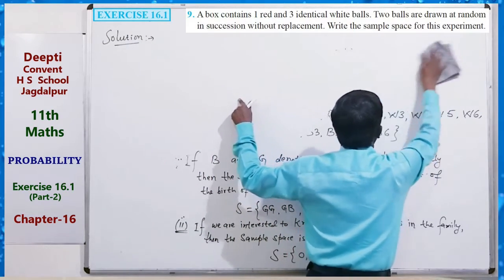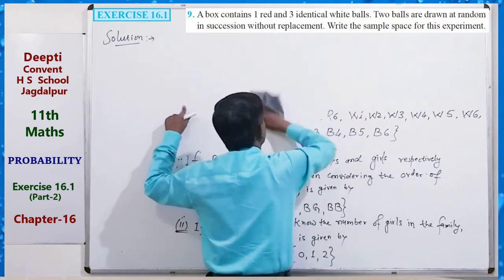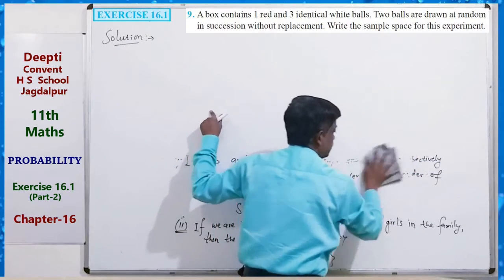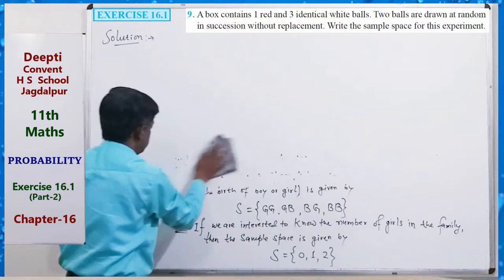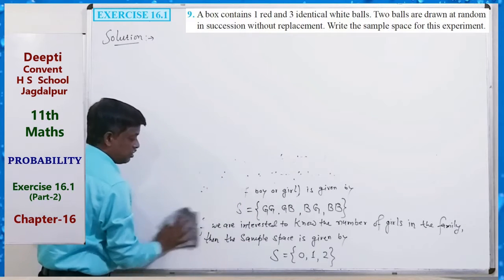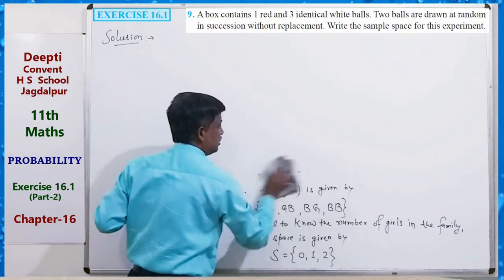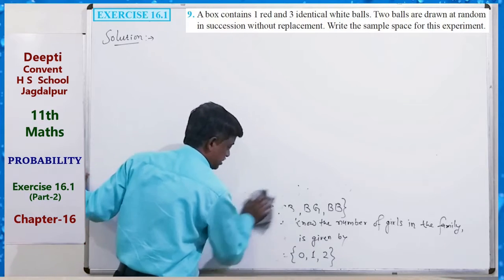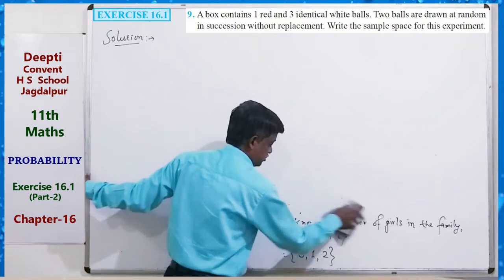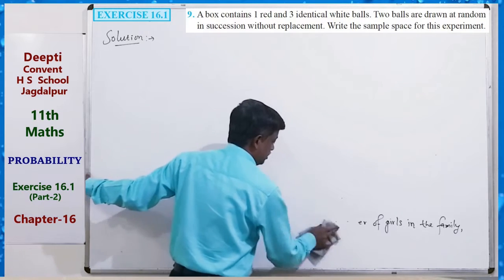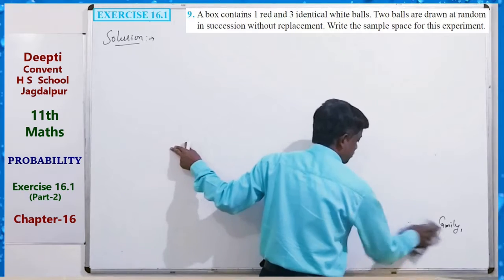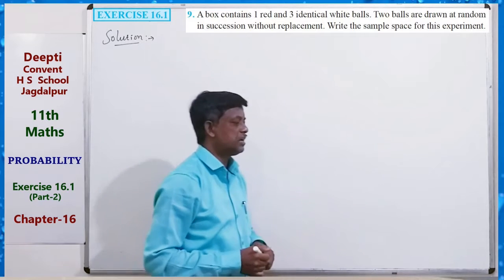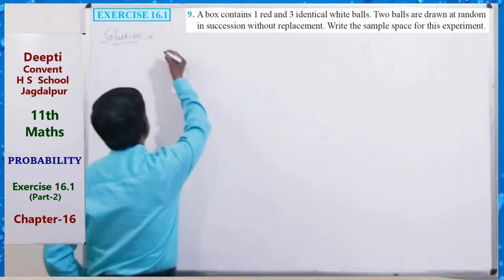Total balls, how many balls are there? 4, because 1 red and 3 white balls. So here how can we denote them? The red ball is denoted by R and the white ball is denoted by W. Not 1, 2, 3, because they are identical balls. So we just denote the red and white balls by R and W. Then 2 balls are drawn at random in succession.